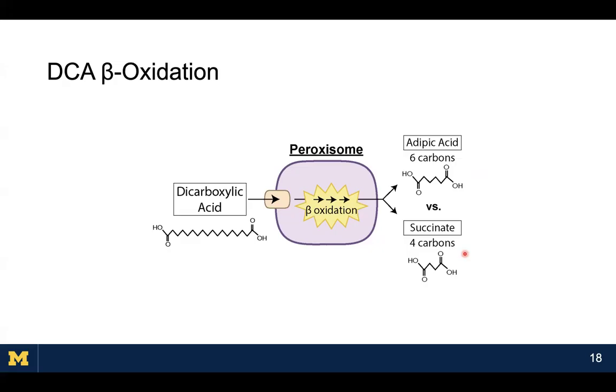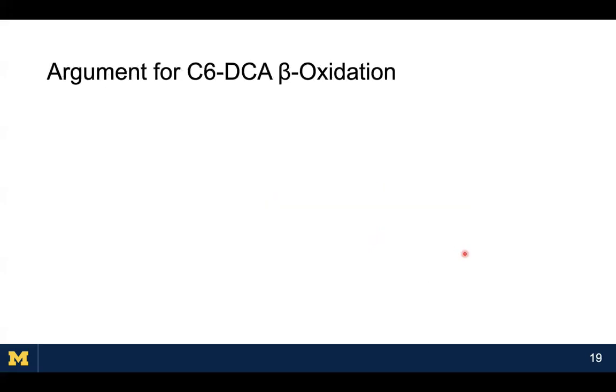So I've been running a lot of different dicarboxylic acids in our Recipher device. And based on my results, what we're arguing now is that C6 dicarboxylic acid or adipic acid can actually be beta oxidized down to succinate in the peroxisome.